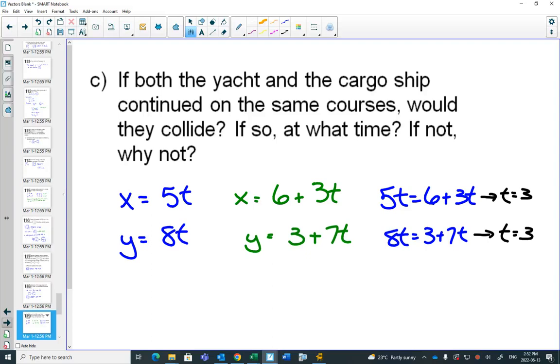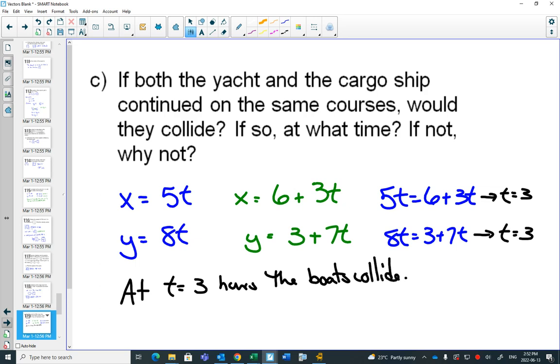And as far as being on a lake, that's okay. It's just bad when you cross the same point at the same time. That's when you have a collision. So we now know, yes, we do need our units.